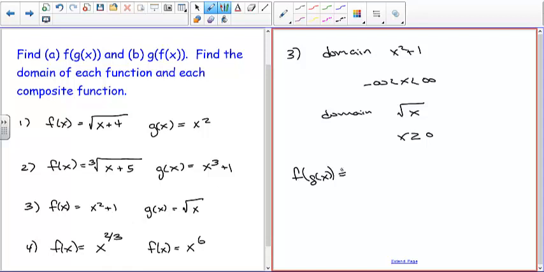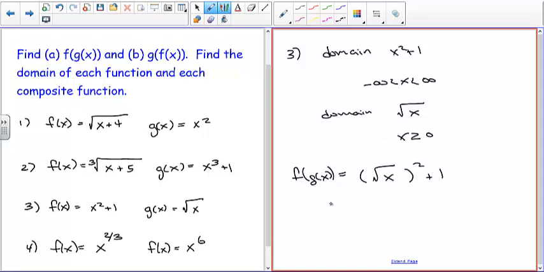So f is x squared plus 1, but for x we put in the square root of x. So this is where we look at the domain. Because we're going to evaluate the square root first before we square it, the same thing that applied here applies here.